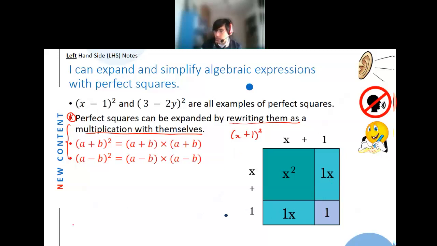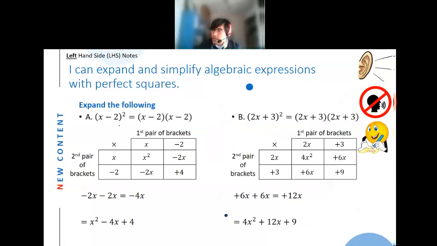Let's move on to some examples. The first one here, we've got x minus 2 in brackets squared. First, let's rewrite this as x minus 2 times another x minus 2. The first pair of brackets, put it up here, x minus 2, and then down the column here we go x minus 2 as well.